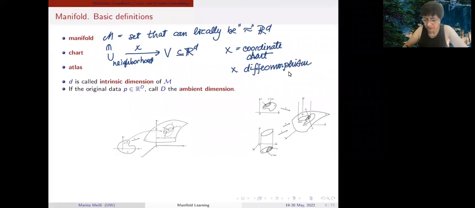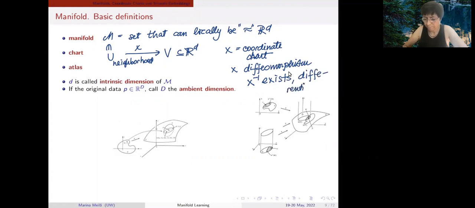A manifold doesn't always have to be smooth, but in our cases, we are going to assume that it has derivatives of any order that we want.